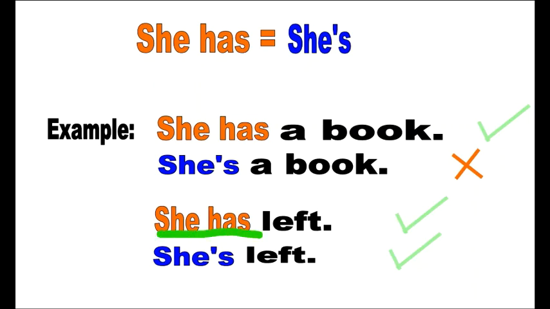She has left, and the contraction she's left is correct. Now she has is being used with the past participle of a verb, which is left. So when you use the contraction with the past participle, it will mean the same thing as the original sentence. She has left. She's left. So it doesn't change the meaning.